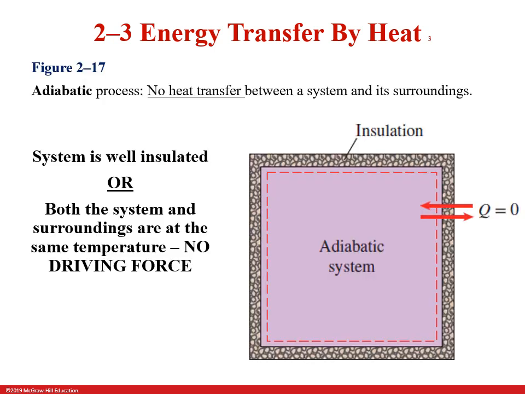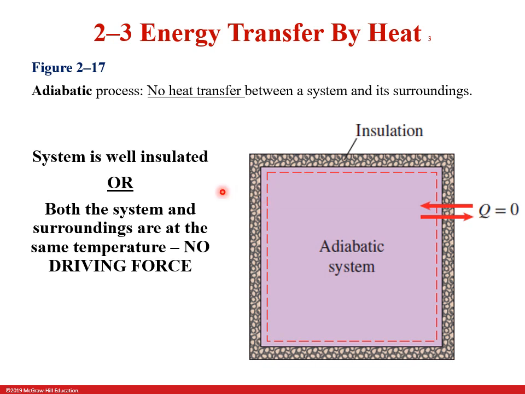All right, energy transfer by heat. Know what an adiabatic process is. Adiabatic means there's no heat transfer between the system and its surroundings. Typically, you'll see something like this, with some insulation around it. A lot of problems start with an adiabatic system being brought from state 1 to state 2.